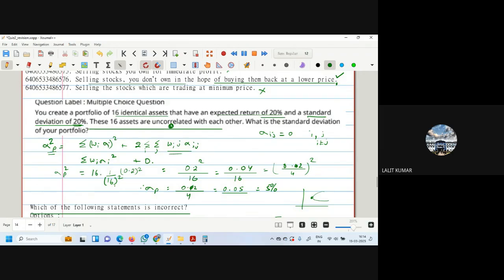So this entire term becomes 0. So we have 16 assets, weights become 1 by 16, squared, into 0.2 square. So this is 0.2 square by 16, and the answer we get is 5%, 0.05. Is this okay with everyone? Yeah, got it.